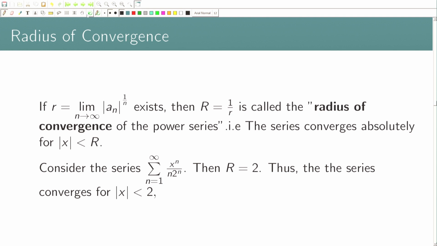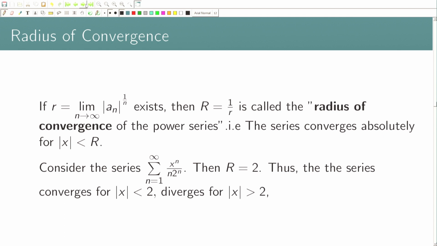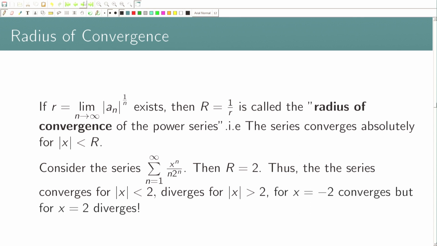That means for any x such that mod x is less than 2, the power series converges. But what happens at mod x equal to 2? There we have two points, plus 2 and minus 2. If x is equal to 2, then 2 to the power n gets cancelled, we get the series of 1 by n, and that is a divergent series.